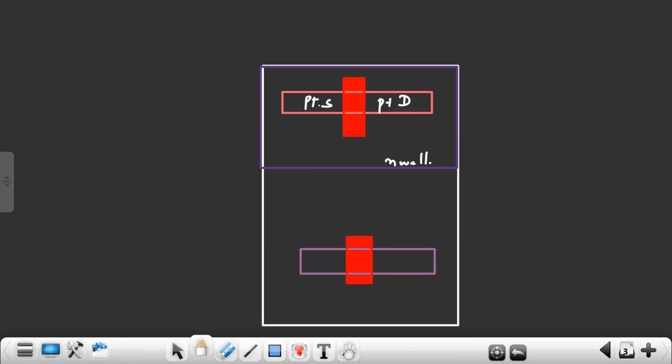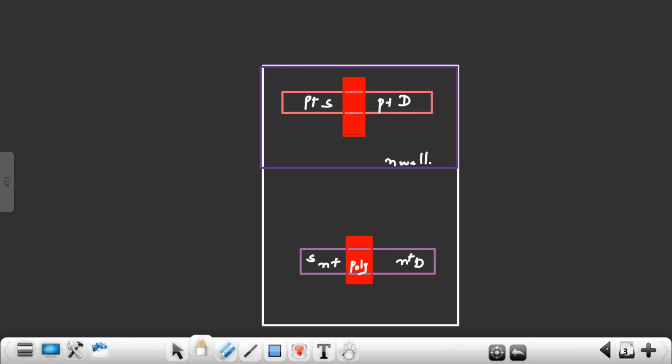This is the source and this is the drain of your NMOS. This is the source of your NMOS. Red color is polysilicon.